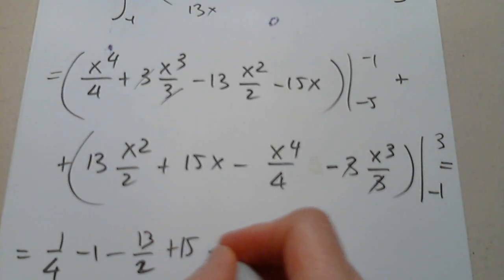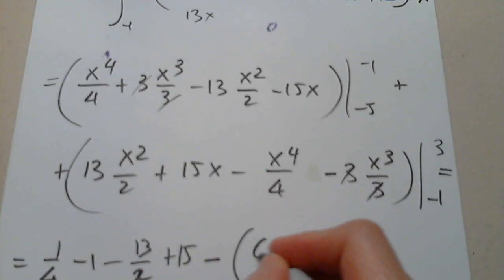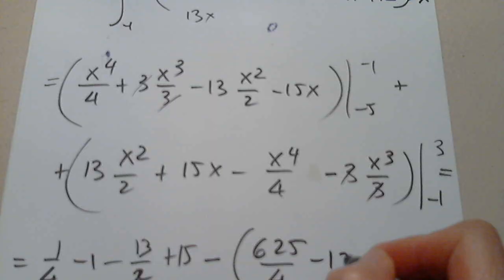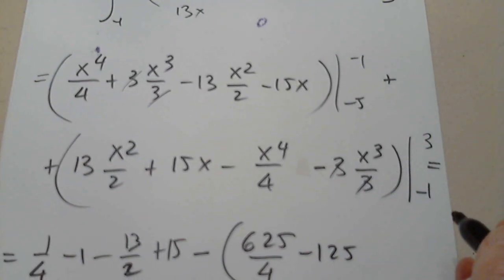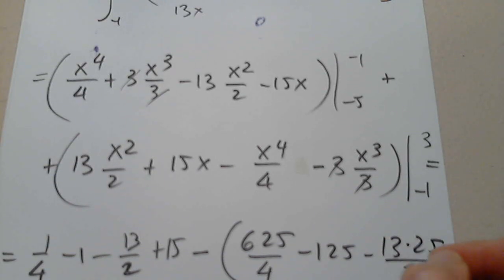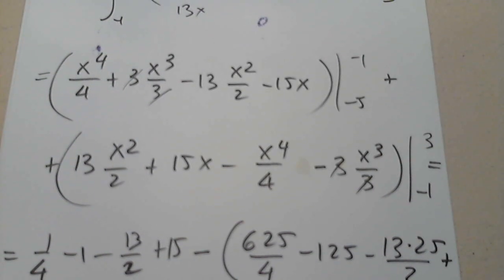Now I plug in -5 with minus in front. 625 over 4 minus 125 minus 13 times 25 over 2 and plus 75.